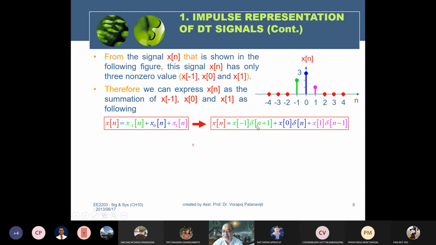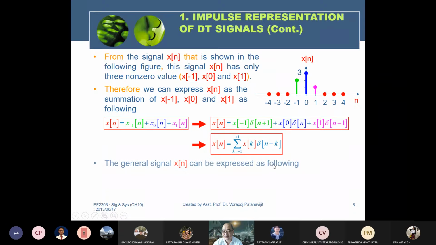We can write them in the general form here. x[n] equals delta[n minus 1], the green one. x[-1] is the magnitude of them, in this case the magnitude equals 2.